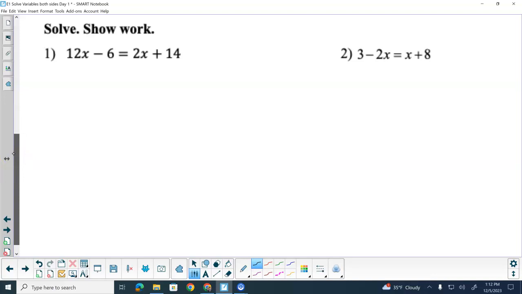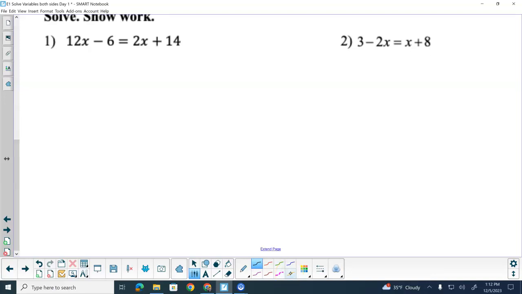And in this case, I'm always going to look for the smallest variable, and so that's 2x. I'm going to subtract that to make it nice and easy for me. So I'm going to subtract 2x from both sides.